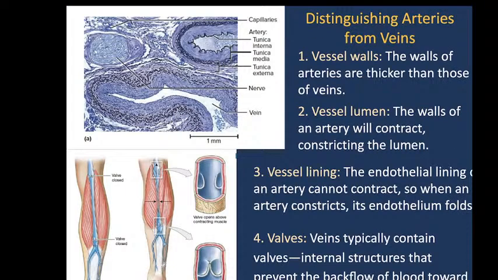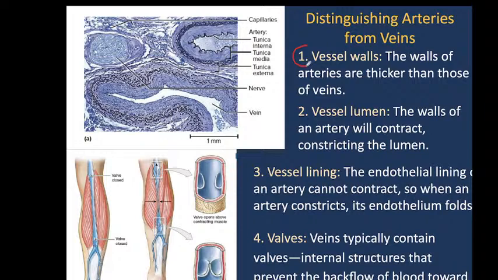As you see, there are some special features which are different in veins. The first feature is that the thickness of the venous wall is small. These are thin vessels.